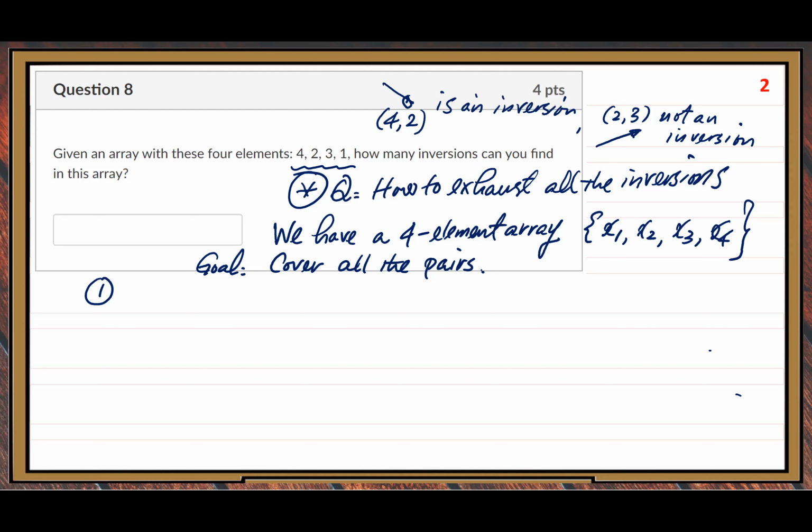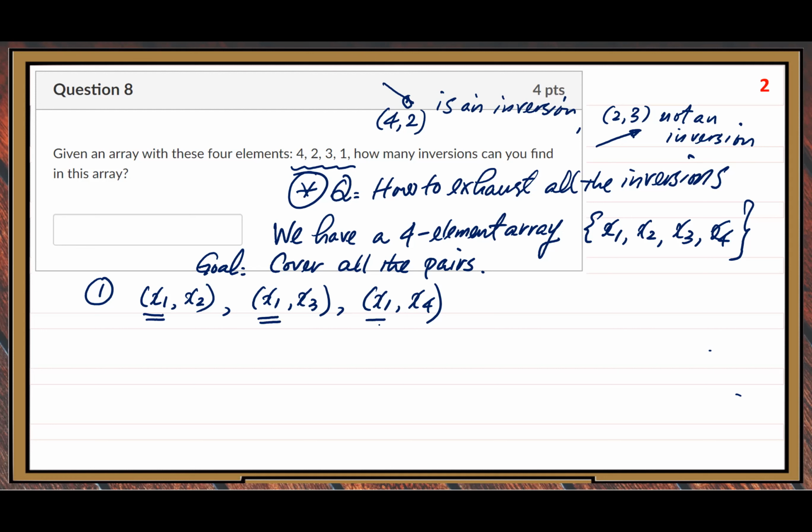Case 1, all the pairs start with X1. X1, X2, pair number 1; X1, X3, pair number 2; X1, X4. So we only have 3 pairs in case 1, starting with X1.